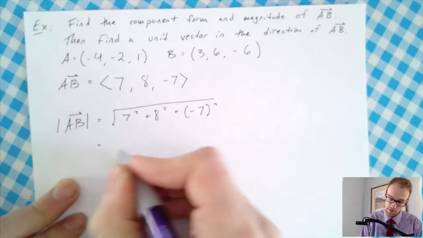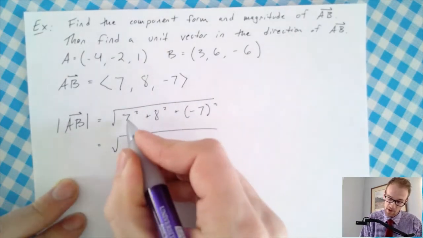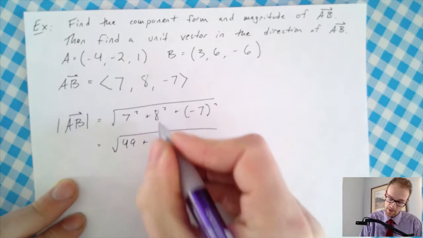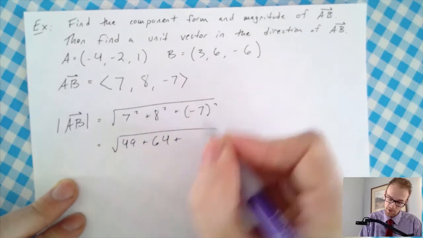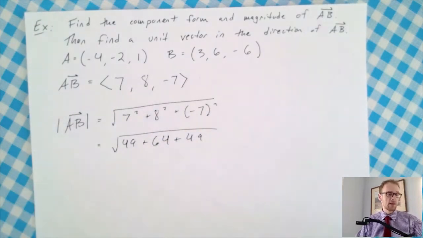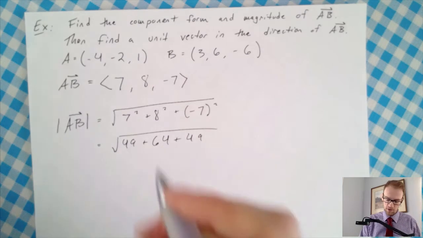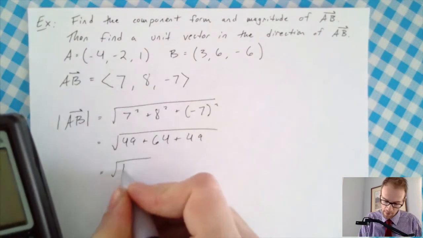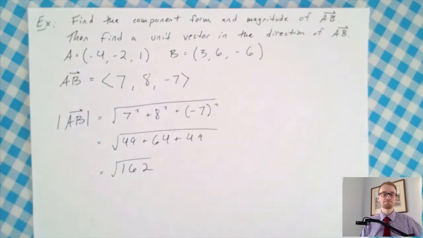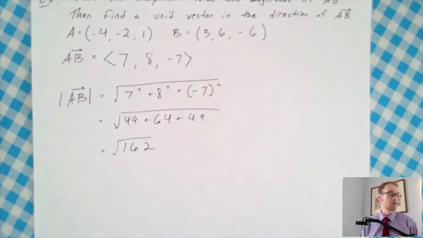And we get the square root of 49 plus 64 plus 49. And what do we get for that? 49, 162. Okay. So there is the magnitude of our vector AB.